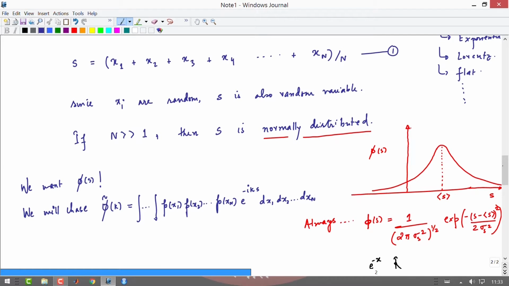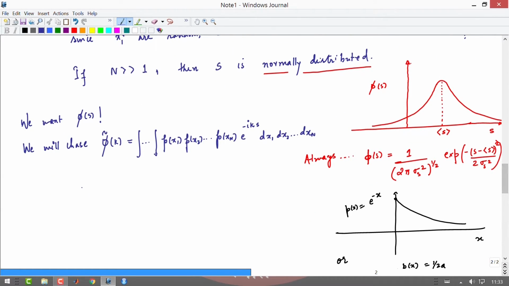And this can be written as phi of k as all these n integrals, p of x1 up to p of xn, and I can write down this variable s as x1 plus x2 all the way to xn divided by n, into dx1 all the way to dxn.